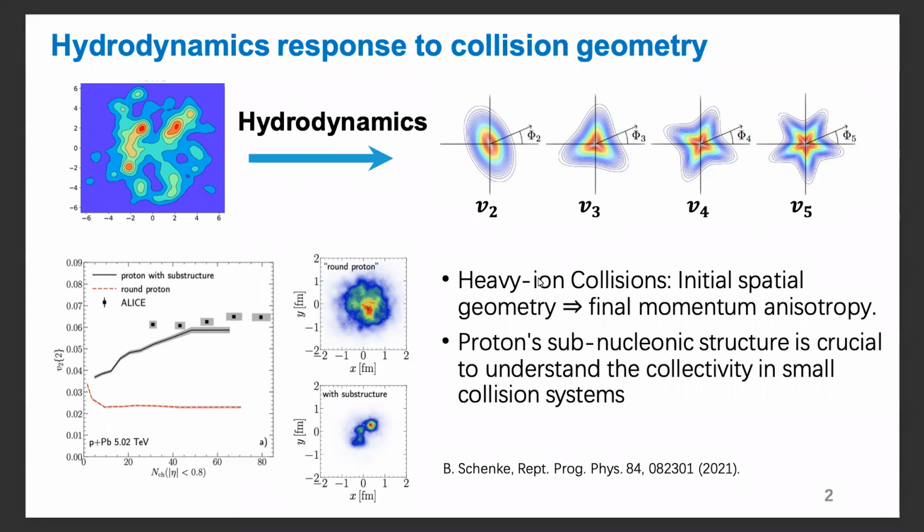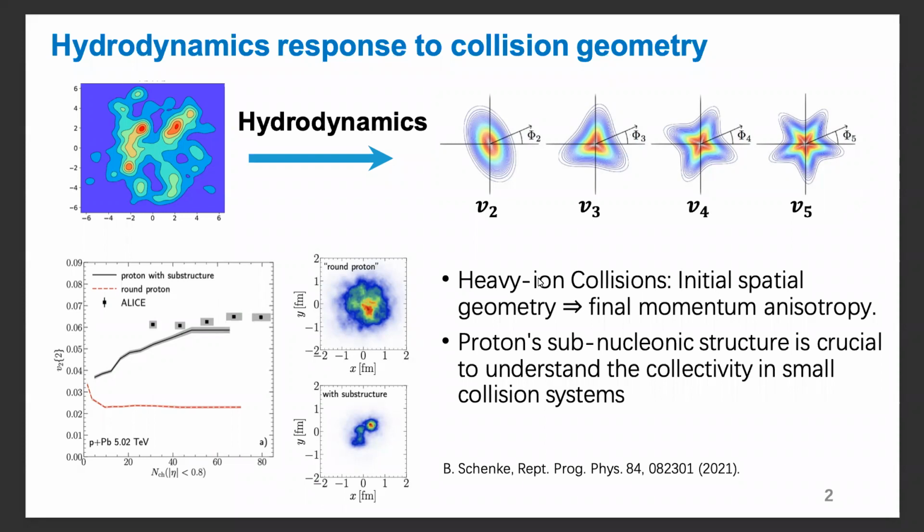Running the hydrodynamic evolution with these initial states, the proton with substructure fluctuations describes the collective features well, but without substructure fluctuations, the proton is roughly round, so it cannot get enough initial state fluctuations and cannot get enough V2 compared to the ALICE data.